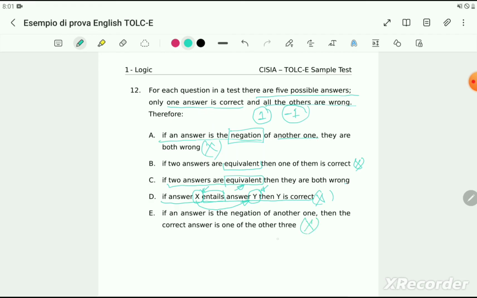No, I omitted this personally, because yeah, two options could be negations of one another, but one of them could be correct too. So the right answer is not among the other three. So let's think about these options. If two answers are equivalent, then they are both wrong.